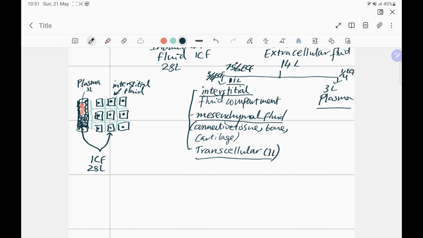So your body is made up of skeletal muscle. Skeletal muscle is around 36% of your entire body weight. Non-skeletal tissue is around 29%. Then you have adipose tissue.